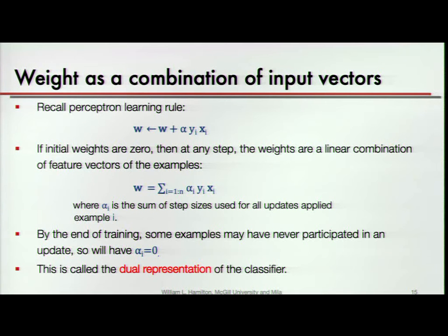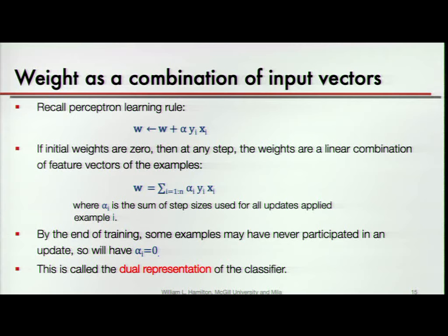So another interesting thing to note here is that by the end of training, say there's some point that we've always been correctly classifying. At the beginning, it was good. We made all of our updates. Every time we were updating and changing our weights in our perceptron algorithm, this one point was always correctly classified.